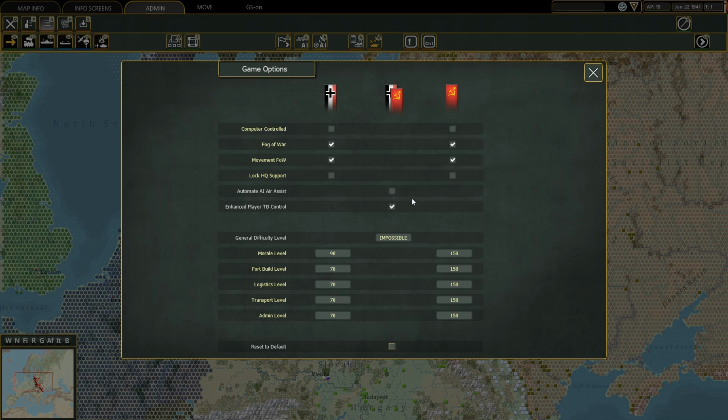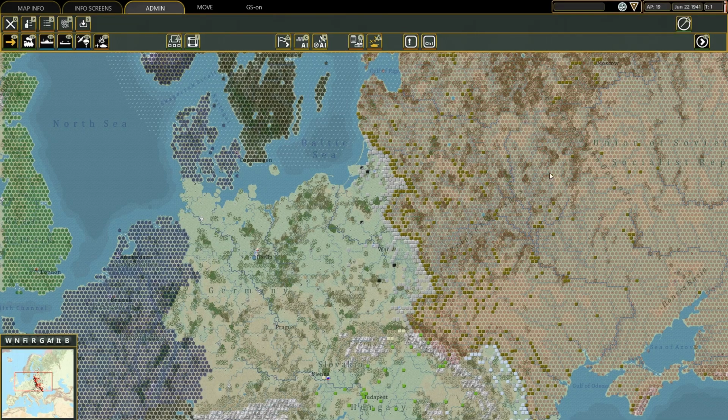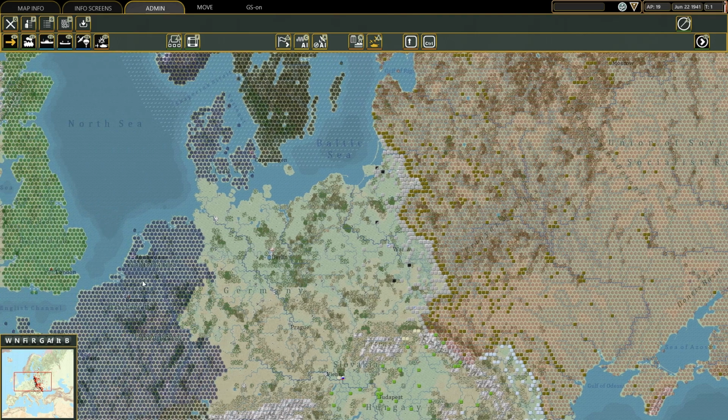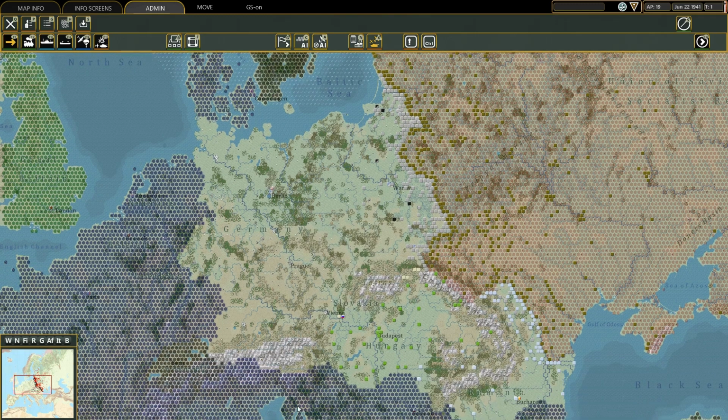You need to leave a minimum amount of divisions and air group units in their specific boxes for, let's say, balancing and also for historical reasons. The Soviets never really redeployed, for instance, everything from the Far East, and neither did the Germans. So both factions do have access to theater boxes.